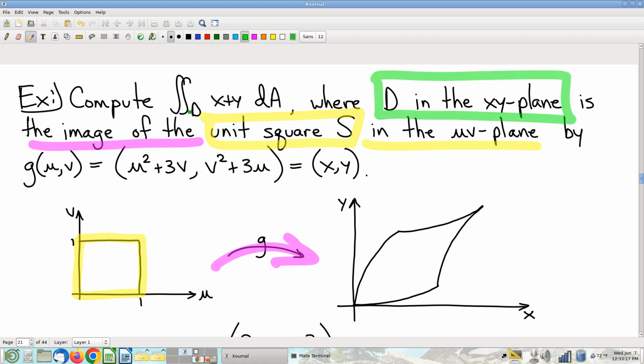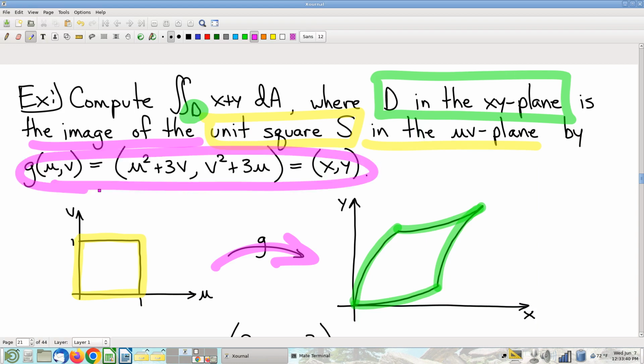That is the domain for our integral. That image is going to be some weird shape, and it ends up looking something like this. This G function, which will eventually be our change of variables function, is not linear. It's all kinds of weird, thus the contorted shape.